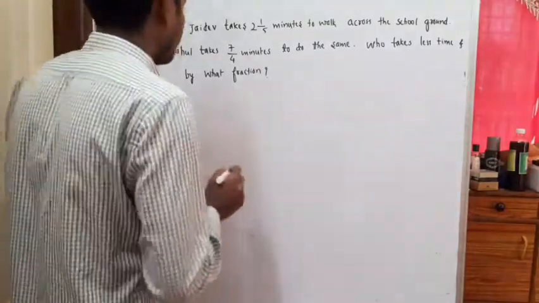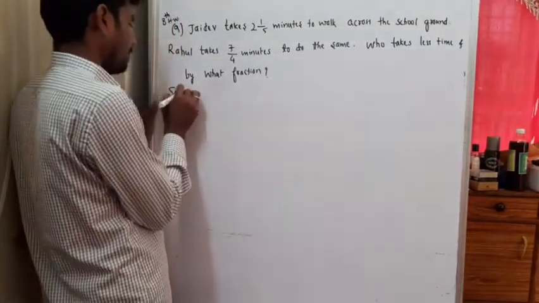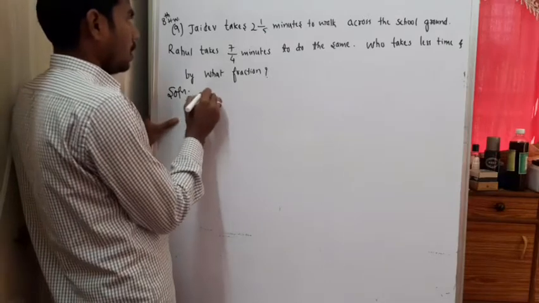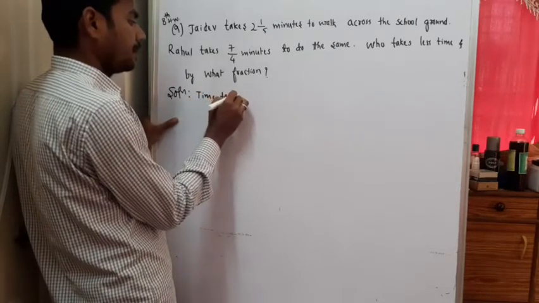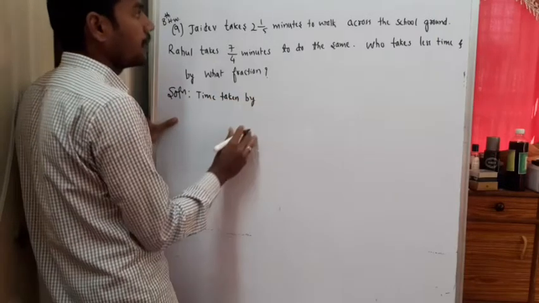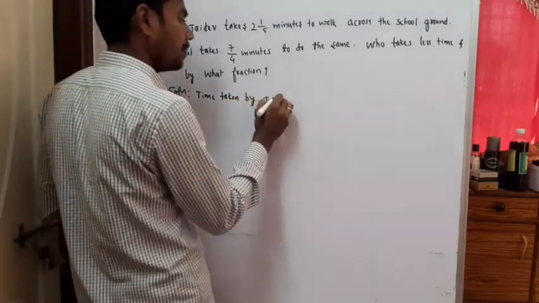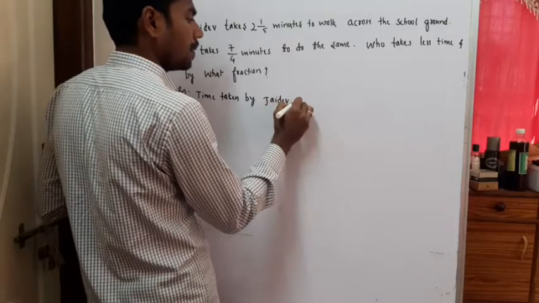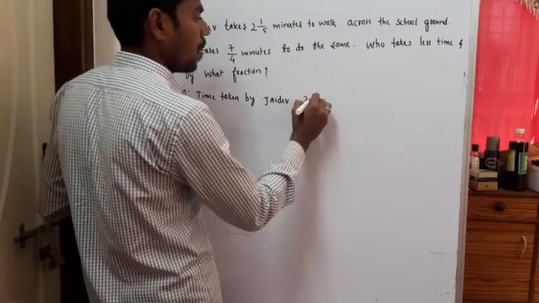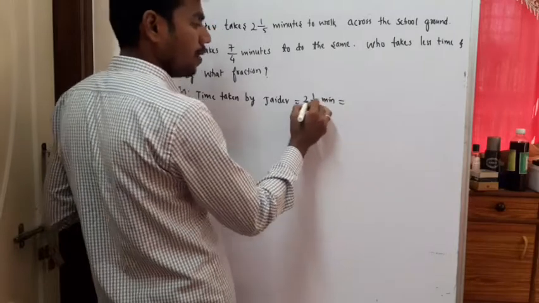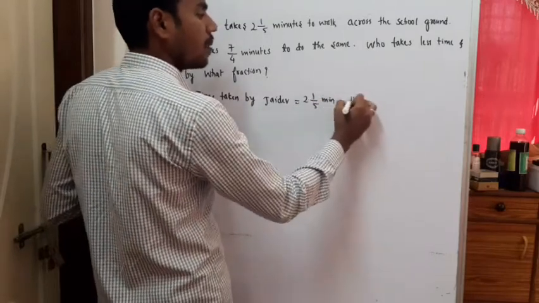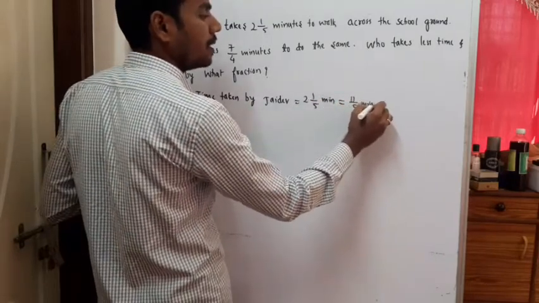Now first, time taken by Jaydev is equal to 1 by 5 minutes, which is 5 2s are 10, 10 plus 1, 11 by 5, 11 by 5 minutes.